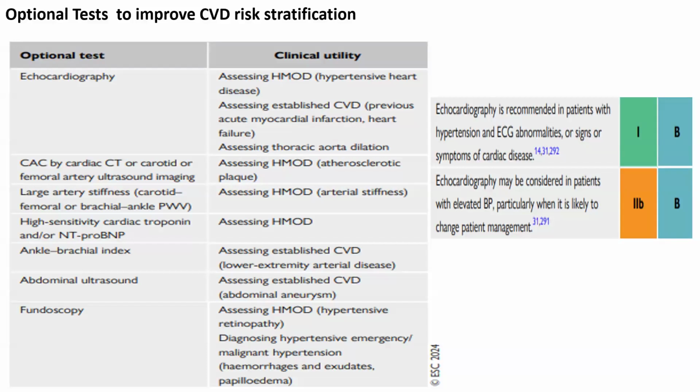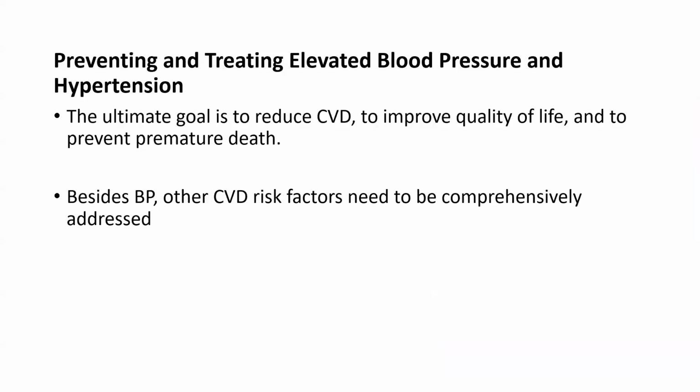So echocardiography is in our country ordered for every patient with hypertension, but the guidelines recommend that echocardiography should be done in hypertensive patients with ECG abnormalities or signs and symptoms of cardiac disease.